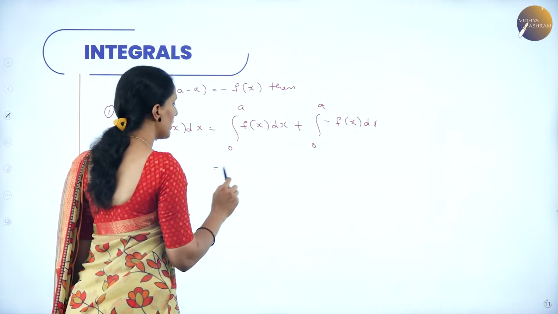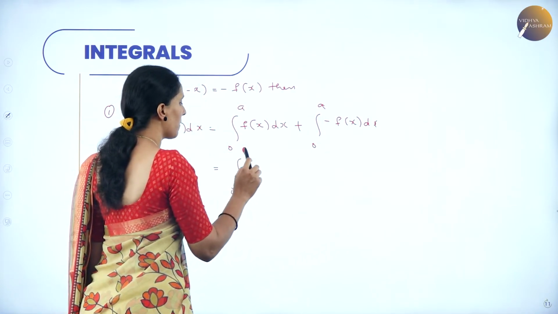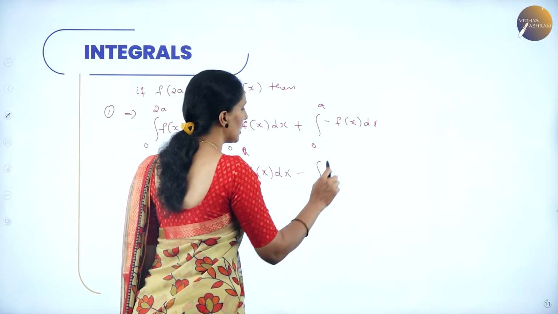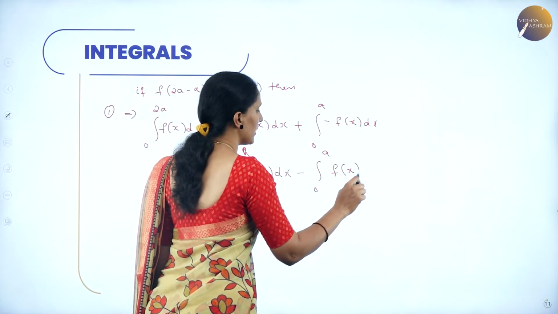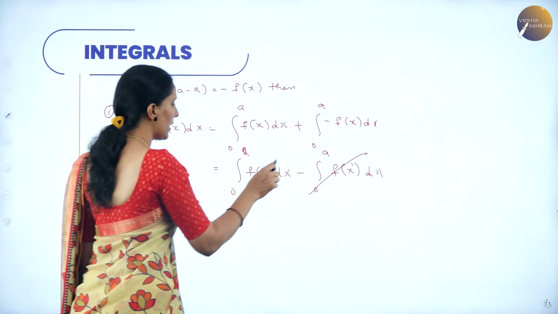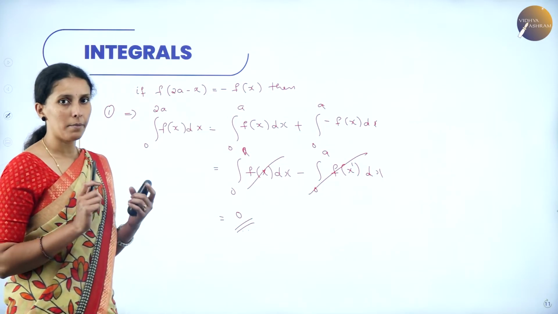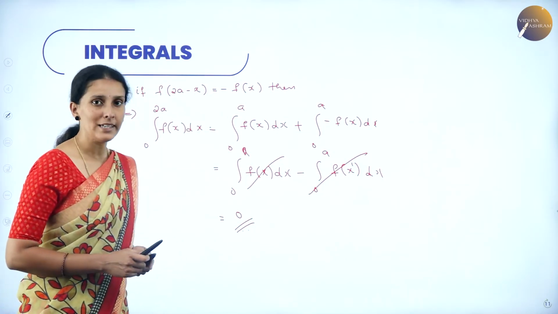So if you take minus outside, it is 0 to a f of x dx minus integral 0 to a f of x dx. So both get cancelled and hence the value is 0. So using property number 5, you can prove property number 6.